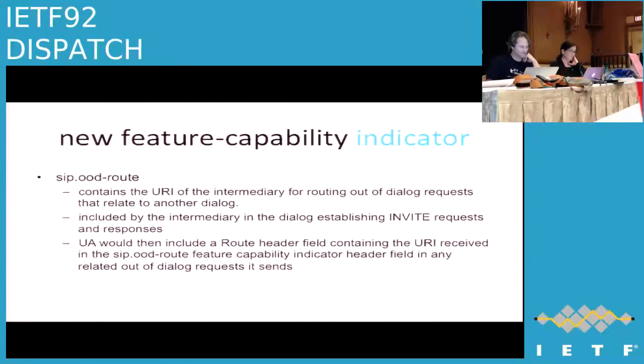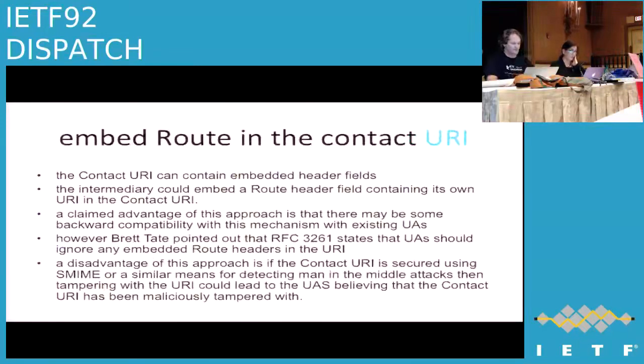And then another slide. This wasn't in the original version of the draft, but it was suggested on the list that you could have the contact URI embed the route header fields using the question mark operator. It was claimed that if you use this approach, it might be backward compatible with existing UAs.